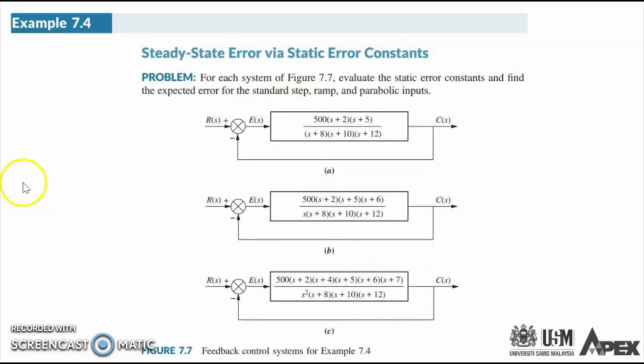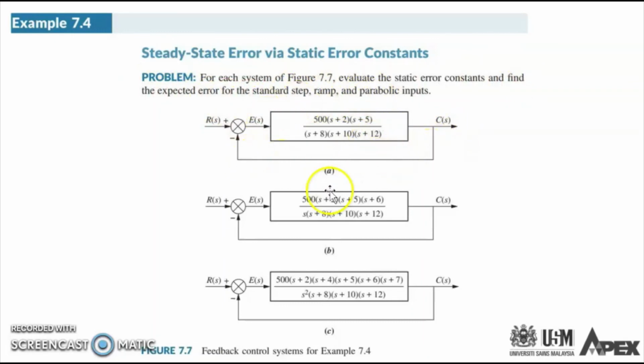Okay, so this one is some of the exercise. You can do it. It's actually in the textbook. You can have a look at how to calculate, in this case, evaluate the static error constant, and then find the expected error for the standard step, ramp, and parabolic inputs.